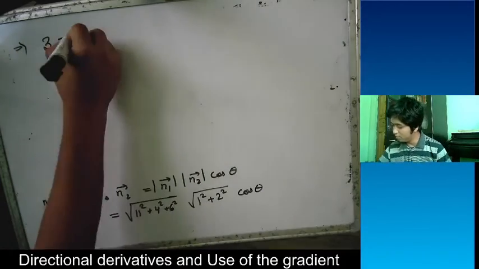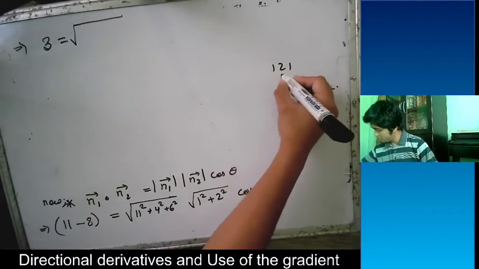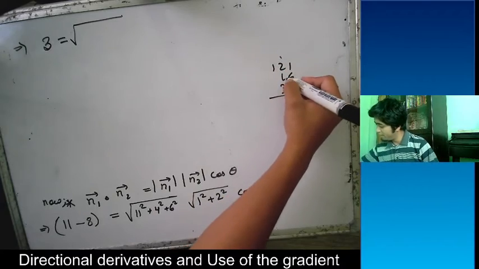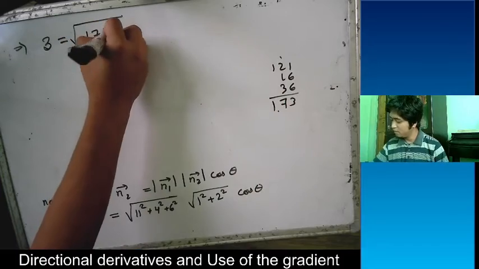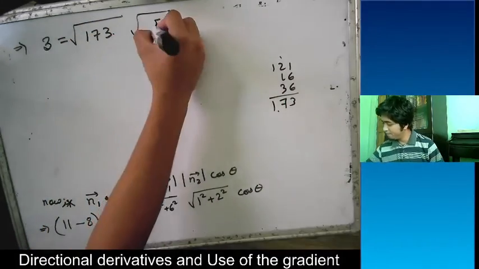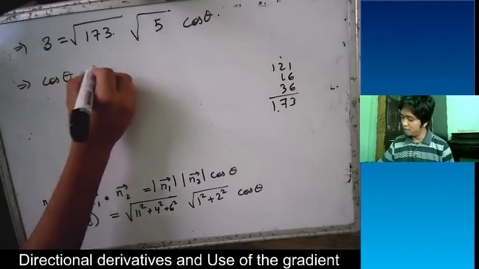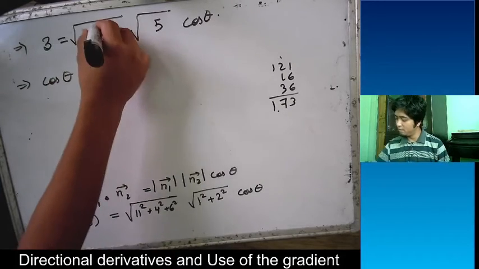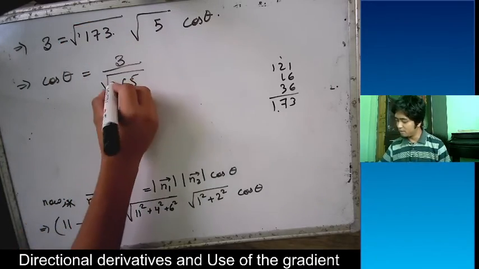The first one will give you 121 plus 16 plus 36, which is 173, and this one will give you 5. Cos theta will be 3 upon the square root of 5 times 173.